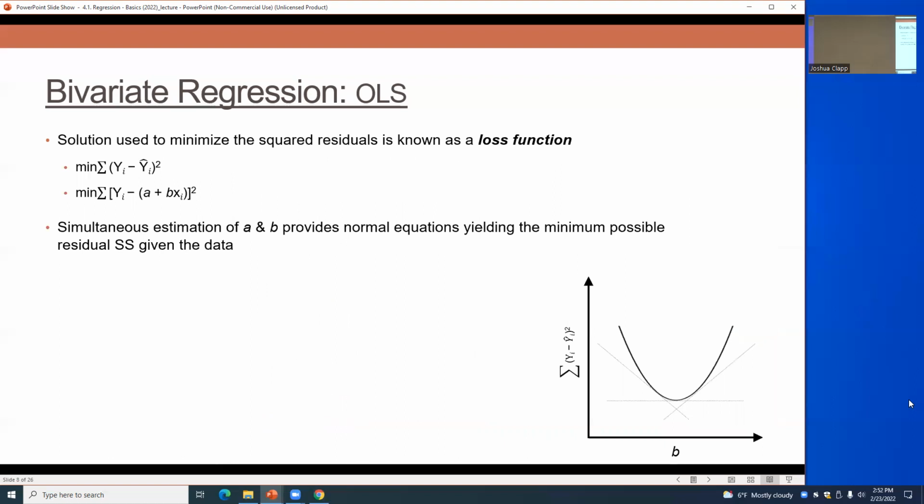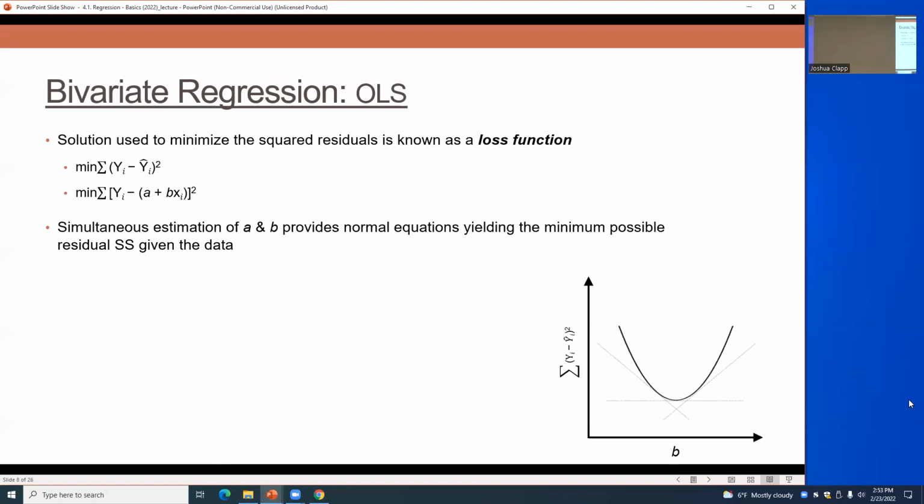Okay. So this is what's going on from, again, a Calc 2 standpoint. No, Calc 1. This is Calc 1 stuff. What we're doing is looking at minimizing those squared residuals. We're using this as our loss function. We're looking for the minimum of the sum of my observed values minus my predicted values, squared.